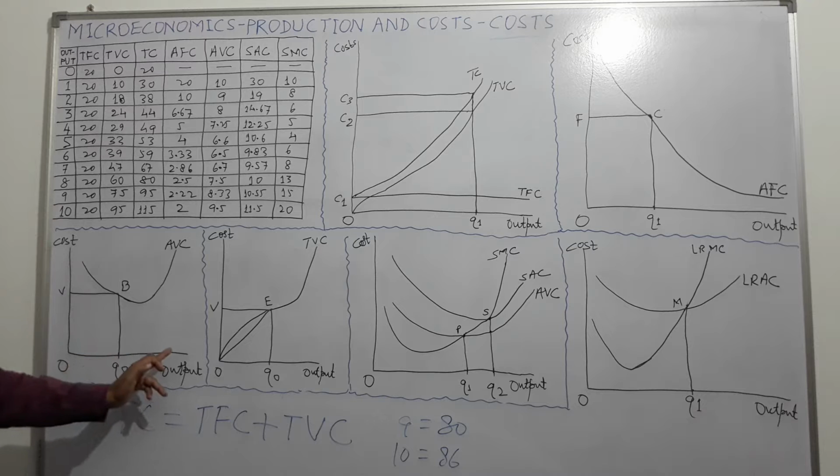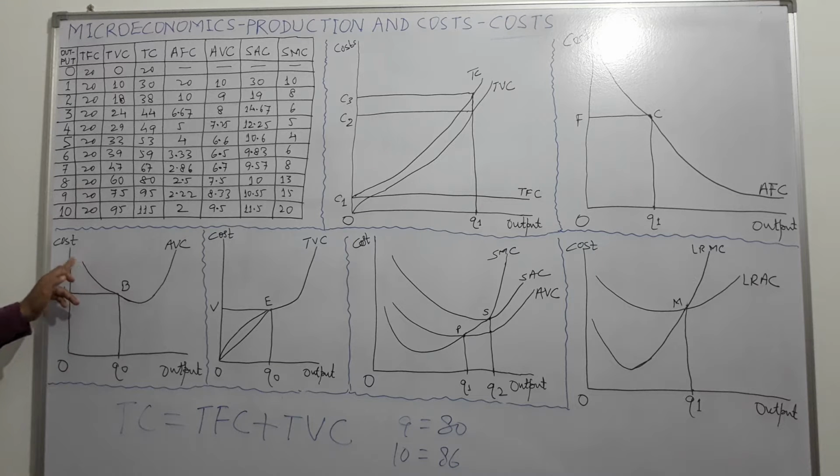So at this initial point of output level, average variable cost is at this level. It's very high. As we start producing more, suppose we are here, so it has come down. We increase production, it further comes down, average variable cost. It further comes down, right?